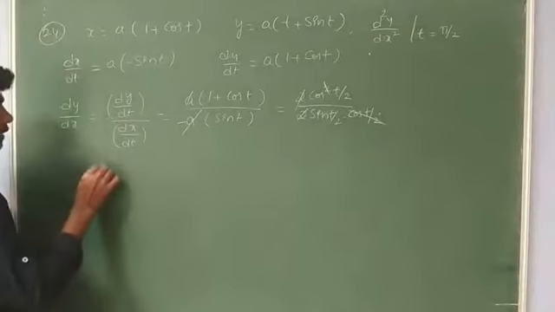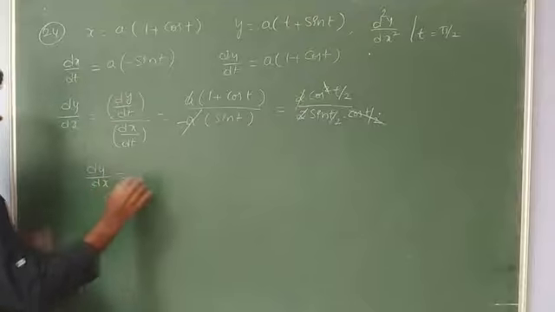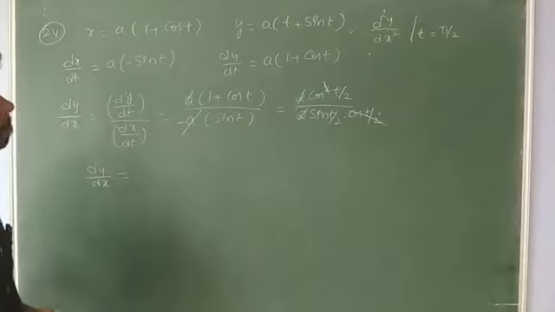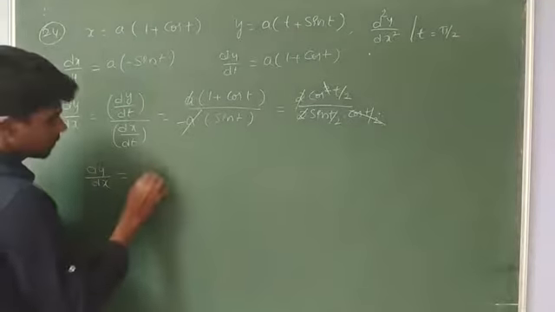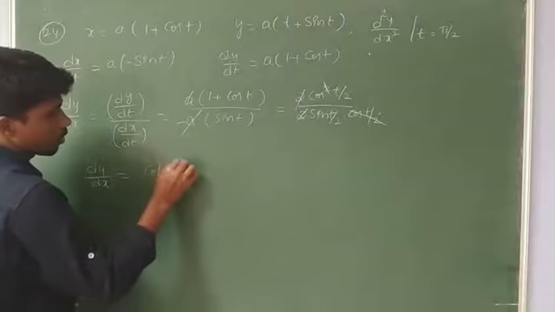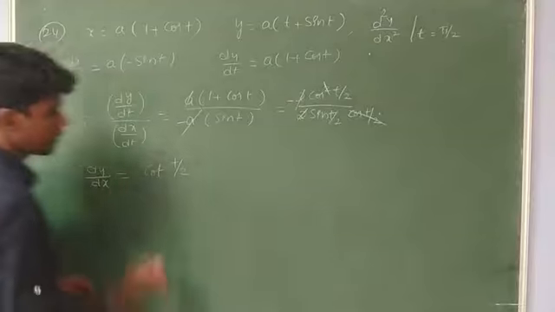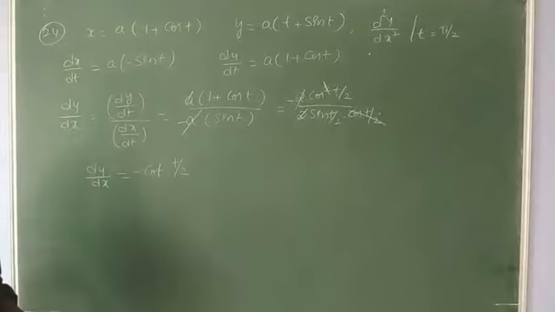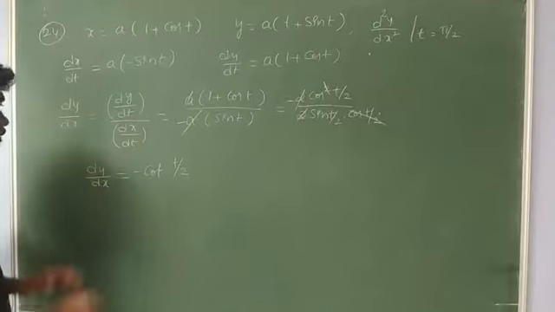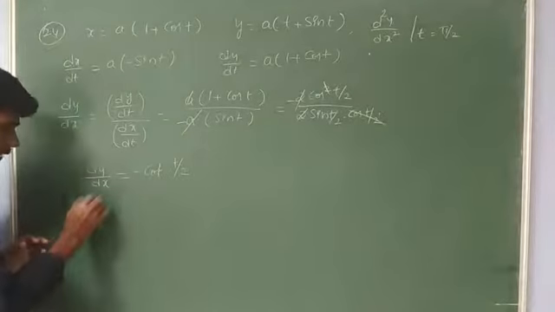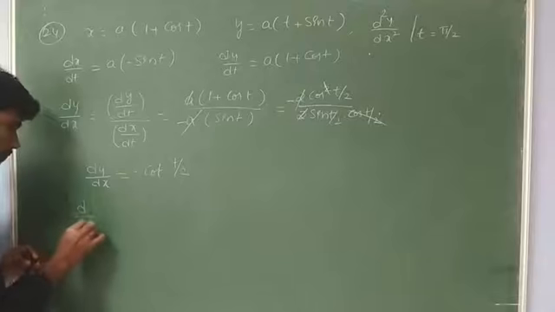We get dy by dx equal to cos by sin, cot t by 2, and we have minus. So we get minus cot t by 2. Right. Now I have to find its derivative.